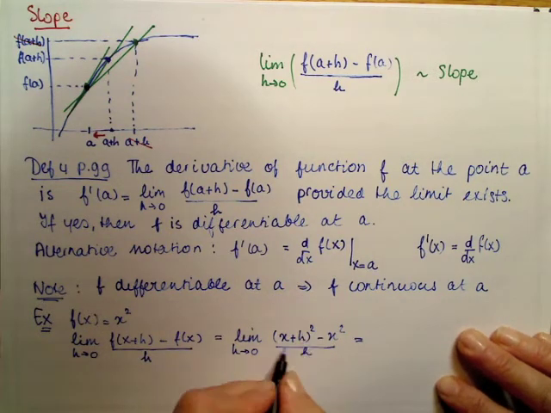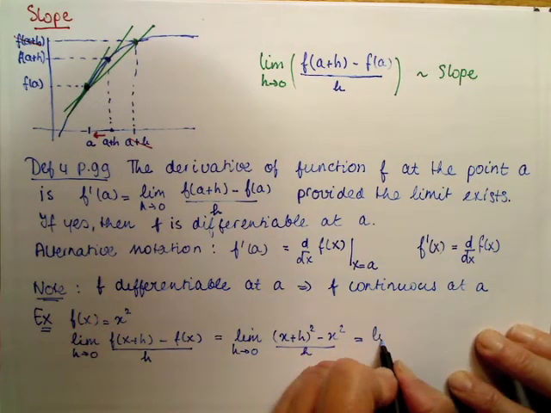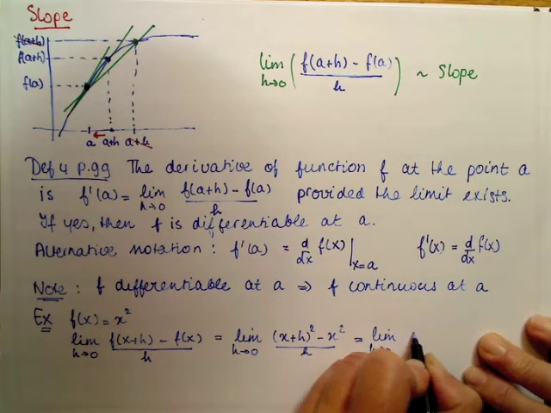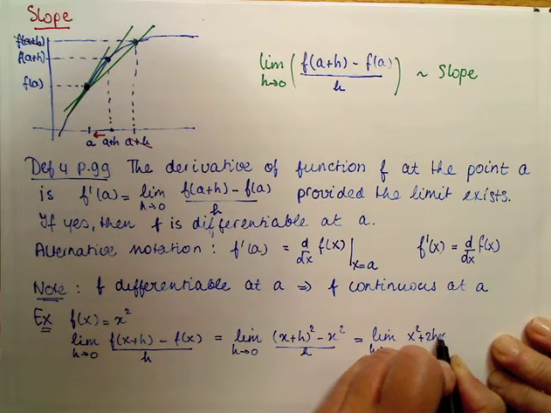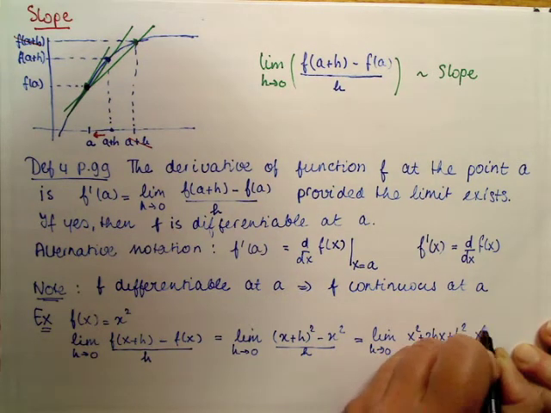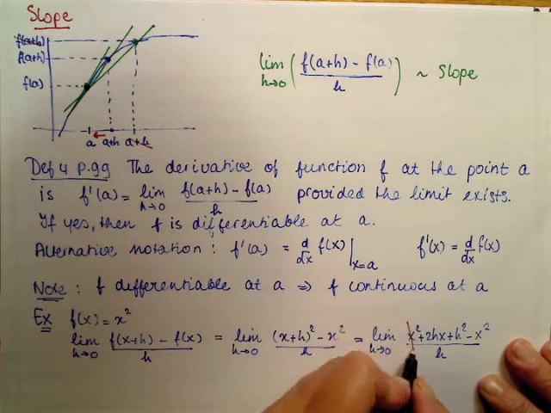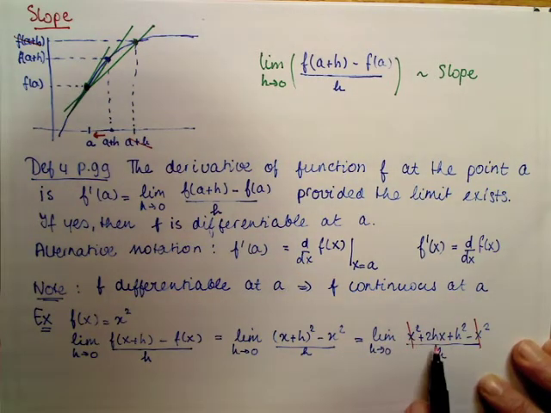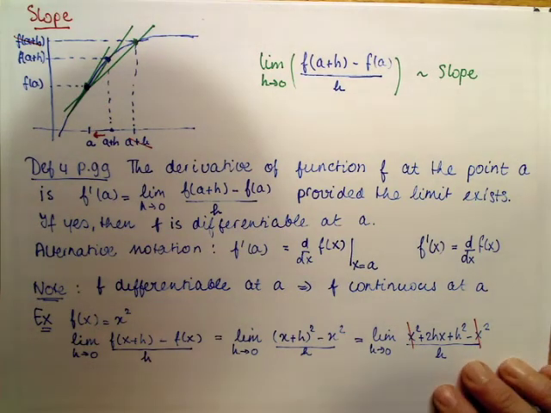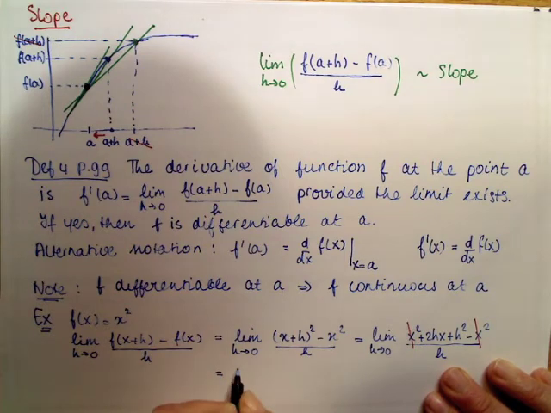And when we write out this expression between brackets, then you get x squared plus 2hx plus h squared minus x squared, divided by h. And now the funny thing is that the two terms with x squared cancel, and everywhere else you see a fraction where you have h in the numerator and h in the denominator, so common factors cancel. Let me write it a little bit more extensively.